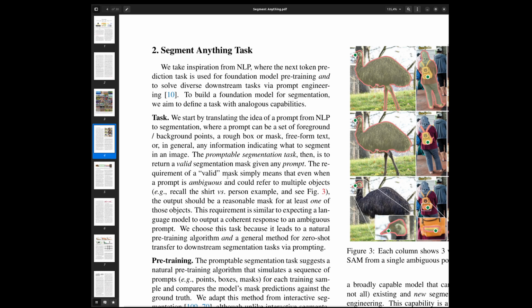The requirement of a valid mask simply means that even when a prompt is ambiguous and could refer to multiple objects, the output should be a reasonable mask for at least one of those objects. This requirement is similar to expecting a language model to output a coherent response to an ambiguous prompt. We choose this task because it leads to a natural pre-training algorithm and a general method for zero-shot transfer to downstream segmentation tasks via prompting.